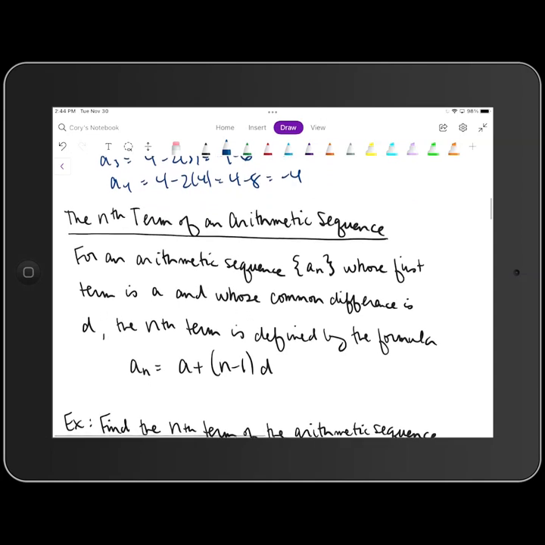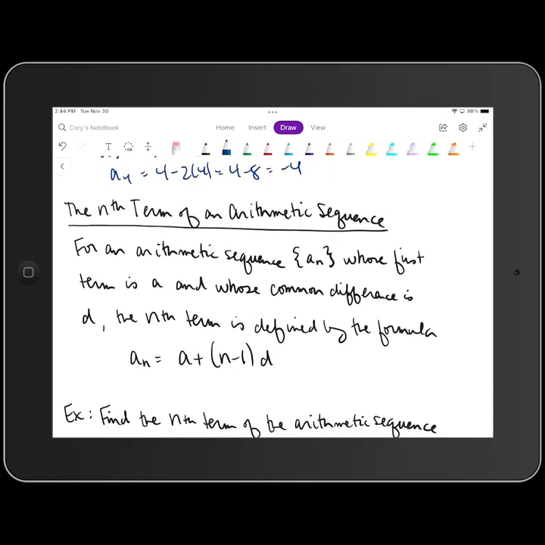Okay, so this next formula is going to be really important for us in this lesson. This is going to calculate the nth term of an arithmetic sequence.